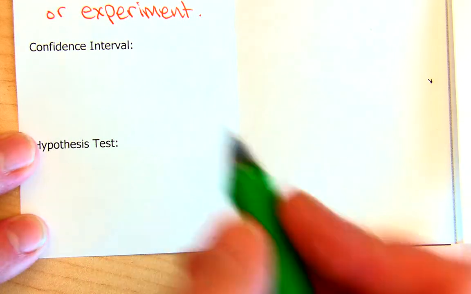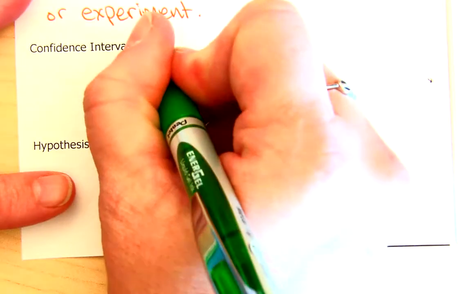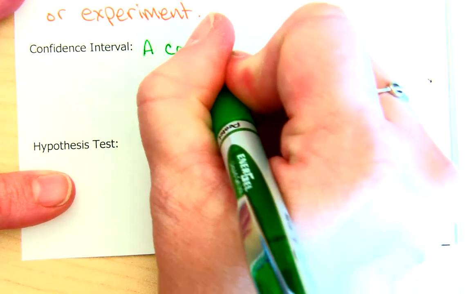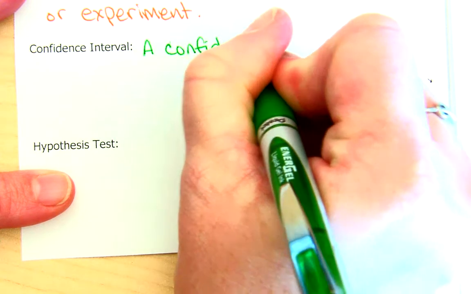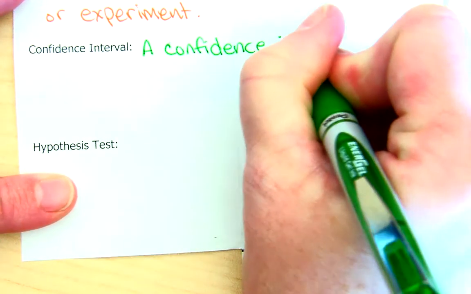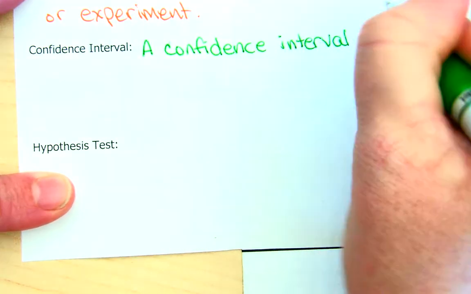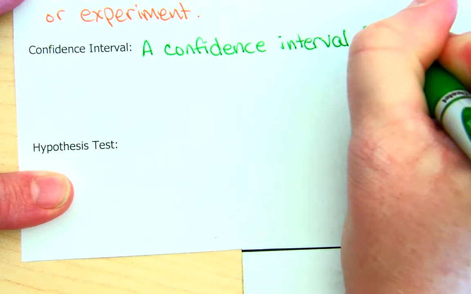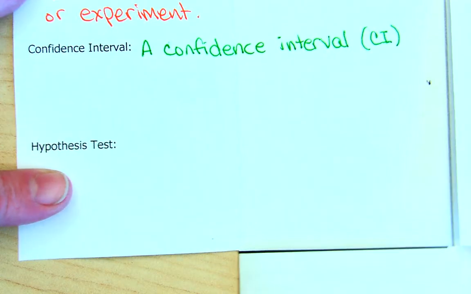But a confidence interval, and usually we'll just abbreviate that as CI so we don't have to write out confidence interval.